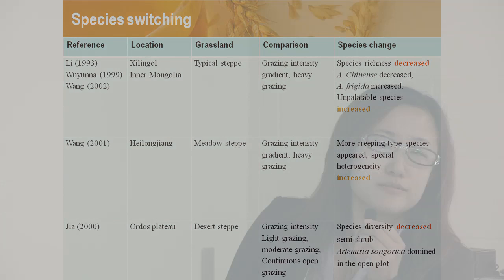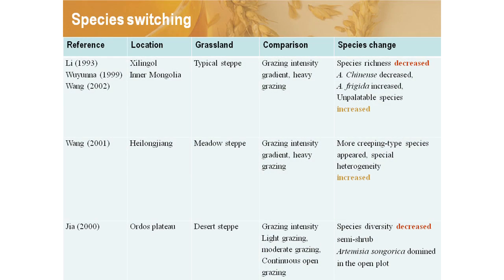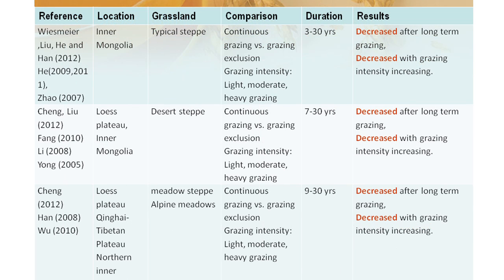It's a little bit different from North America. In China, in all three grassland types, typical steppe, meadow and desert steppe, we compare continuous grazing with grazing exclusion, and we also compare grazing intensity differences.